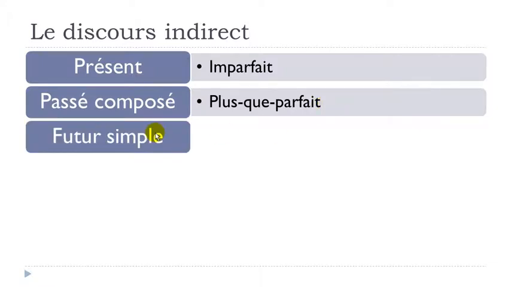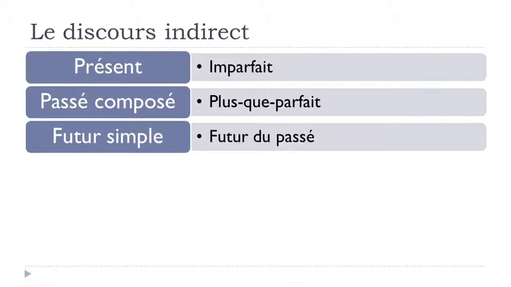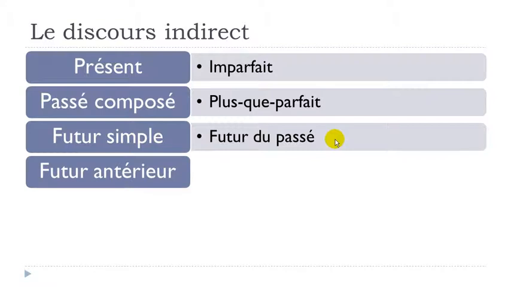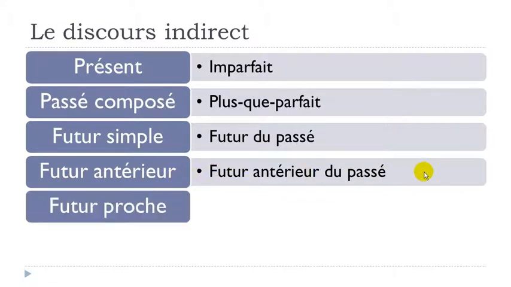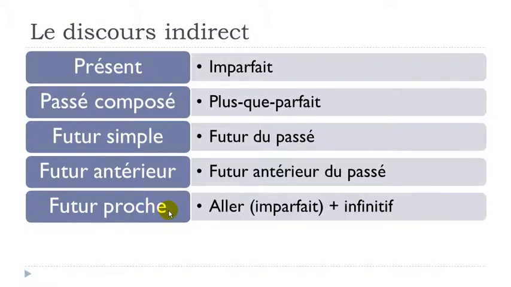If you've got the futur simple, so as the second structure, it will become what we saw, futur du passé. If you've got futur antérieur, so in the second part of this structure, it will become futur antérieur du passé. If you've got futur proche, it will become, well, like le futur proche, but then the only thing that you've got to modify is aller.